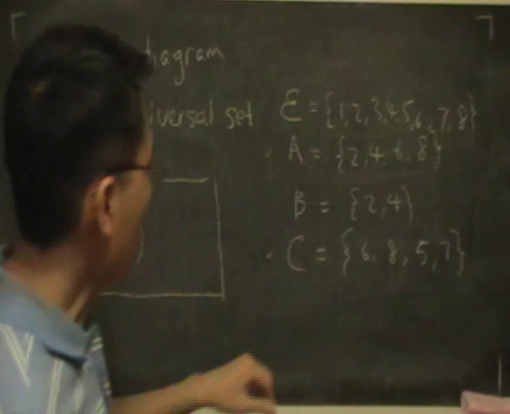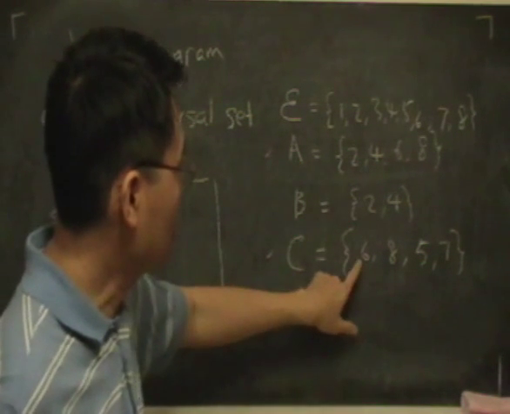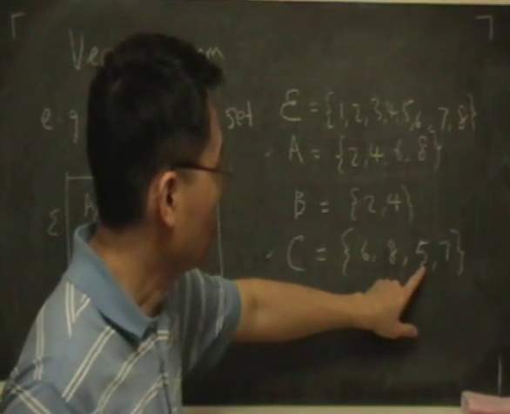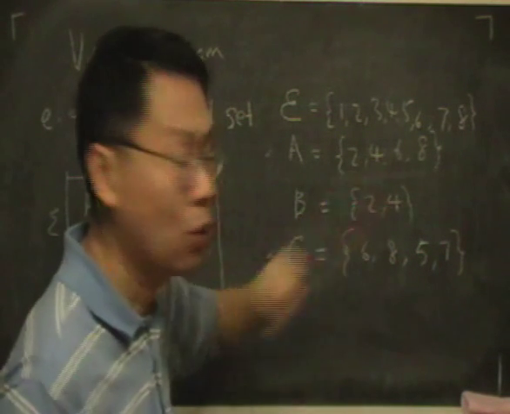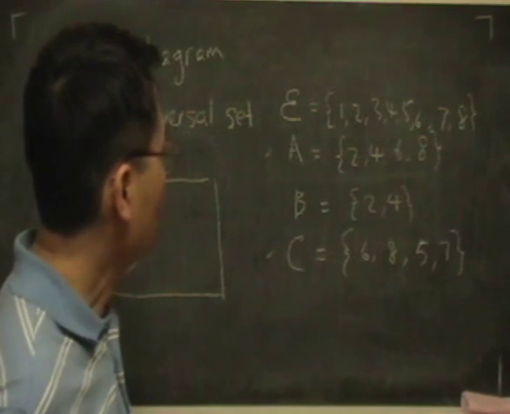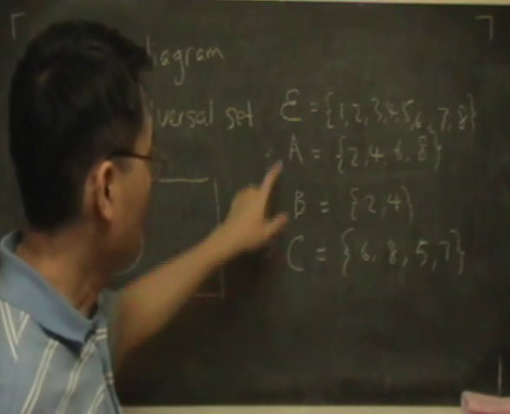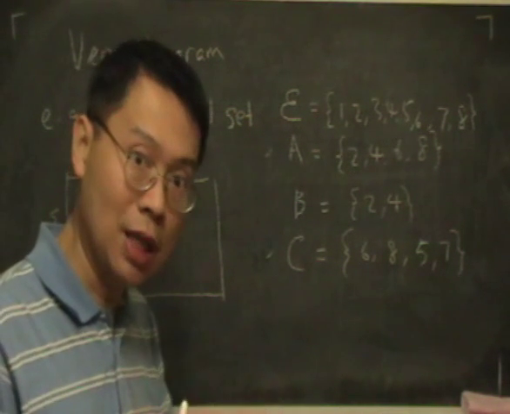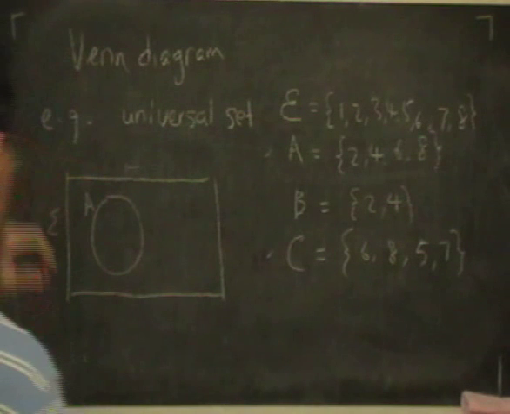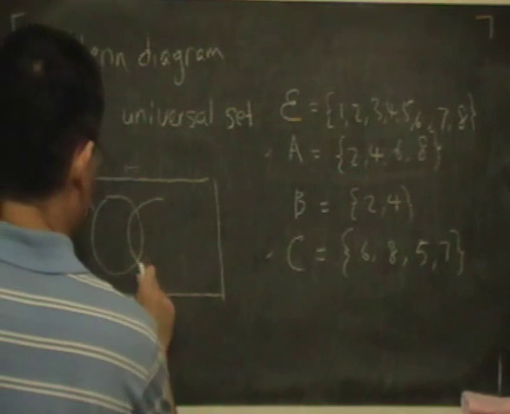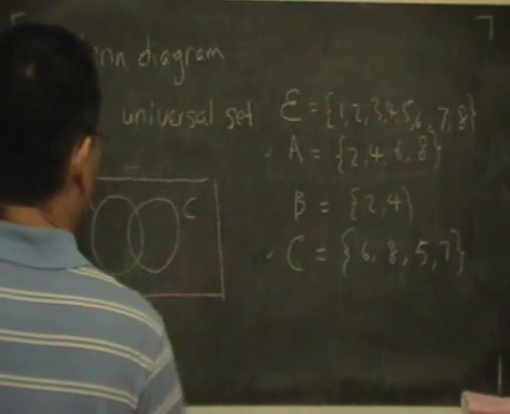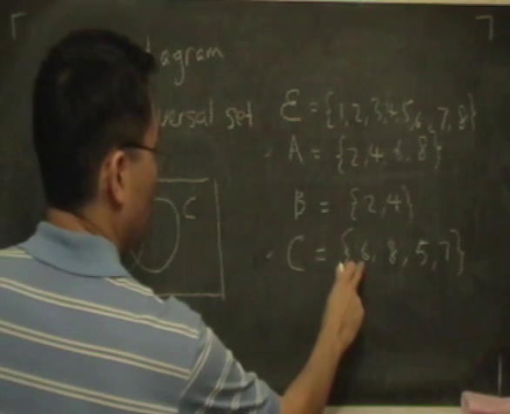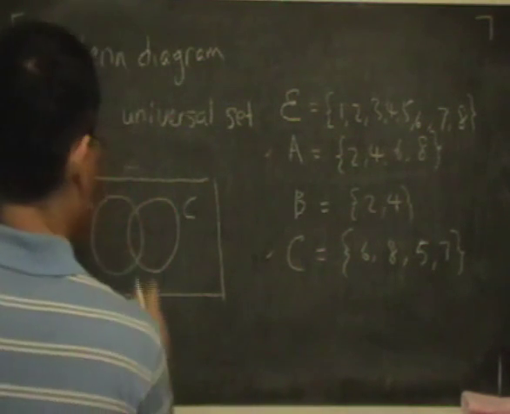Now we have to be careful here. Notice that A and C have the elements 6, 8 in common. But the elements 5, 7 and 2, 4 are not in common. So when I draw the shape of A and C, I must remember that there are some elements that are the same but some elements that are different. And the way to draw such a picture is to draw two overlapping shapes or circles. In the place where they overlap, we write down the elements that are common, 6 and 8.